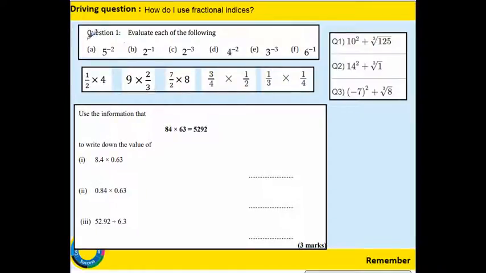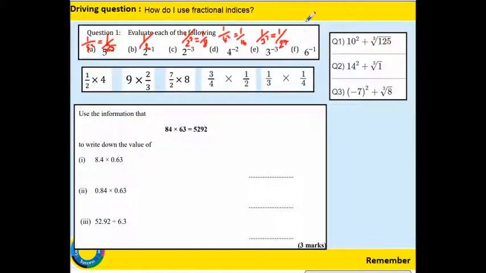Okay, 5 to the power of negative 2 is 1 over 5 squared, which will be 1 over 25. 2 to the power of negative 1 is 1 half. 2 to the power of negative 3 is 1 over 2 cubed, which is 1 over 8. 4 to the power of negative 2 is 1 over 4 squared, which is 1 over 16. 3 to the power of negative 3 is 1 over 3 cubed, which is 1 over 27.